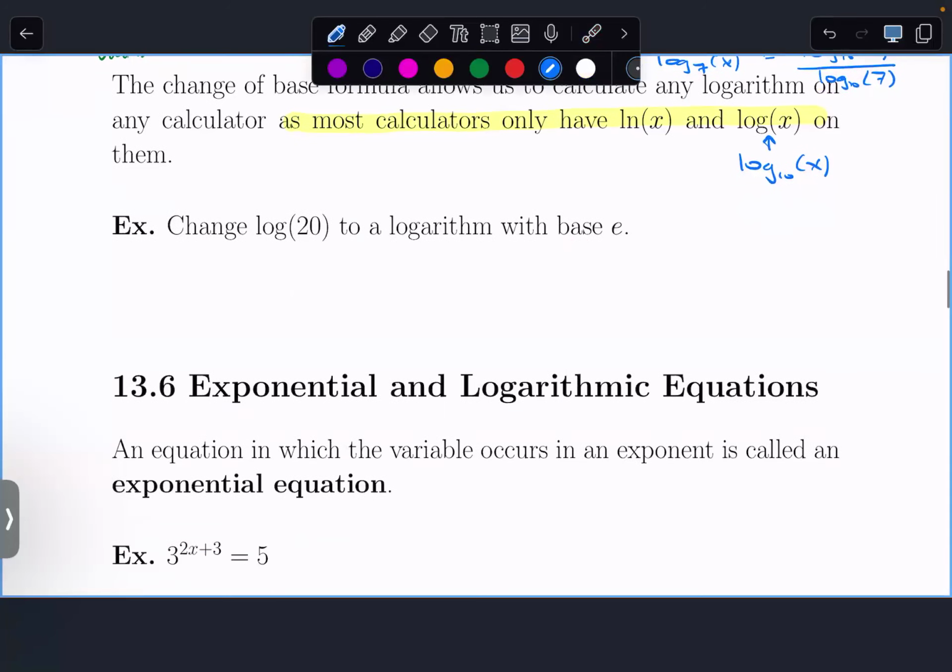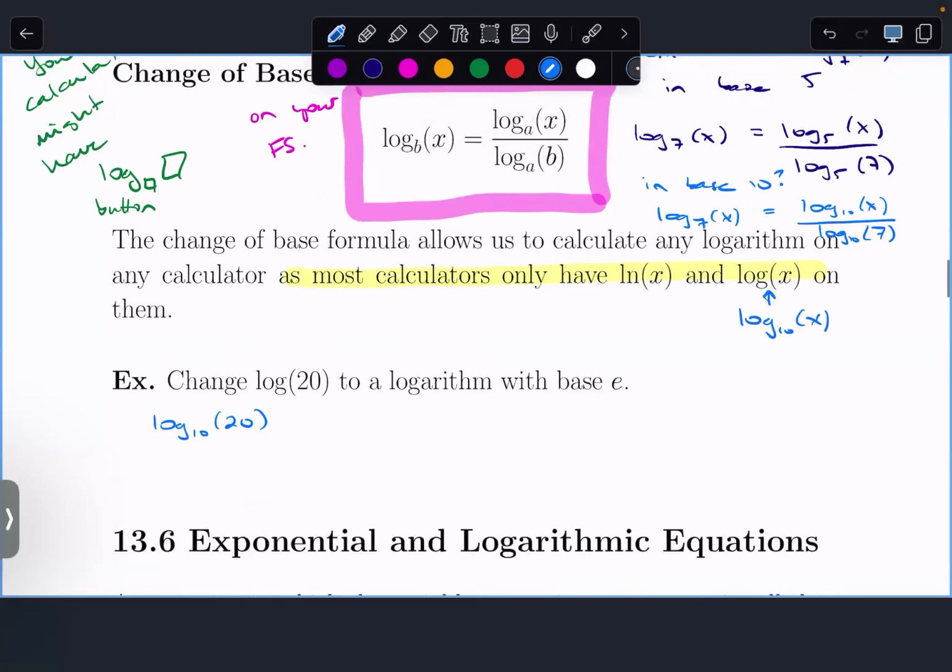So if we have log base 10 of 20, I'm going to write the base just to be explicit about it. You're allowed to write the base, it's just that we don't if it's log base 10. So now my B is 10 and my X is 20.